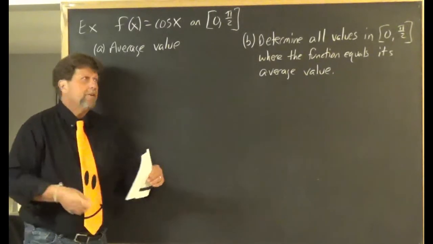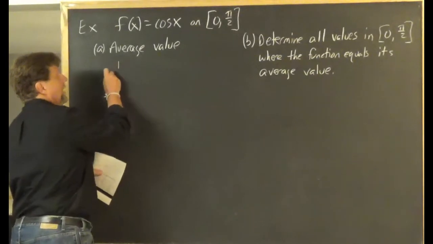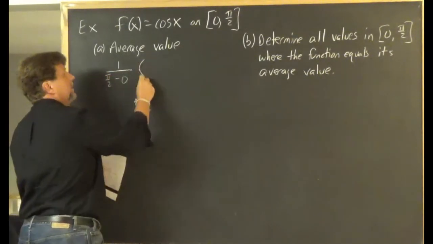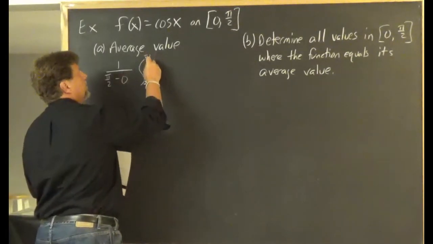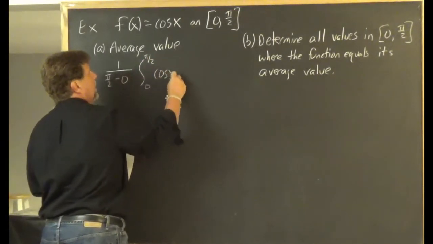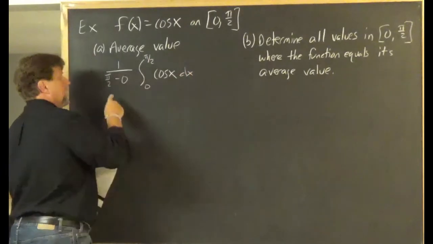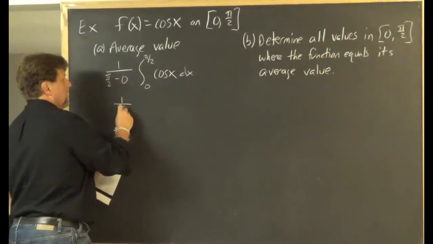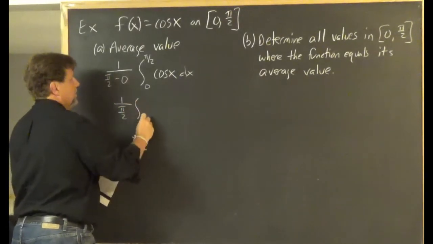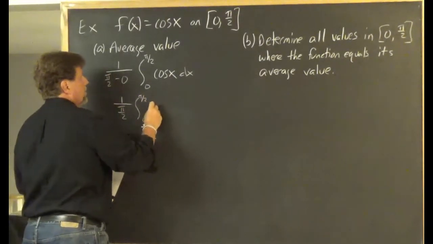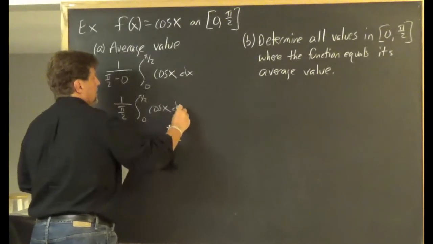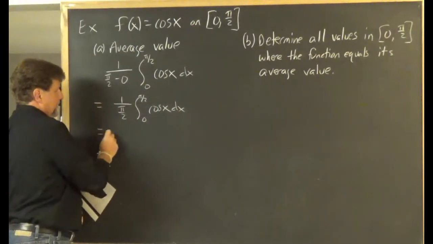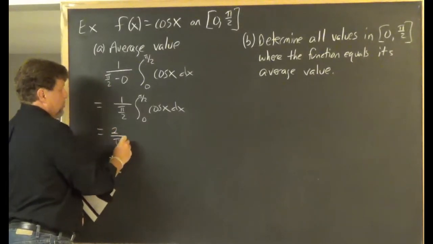So to get the average value, it's 1 over b minus a, integral from a to b, f of x dx. All right, so out front here, we know pi over 2 minus 0 is pi over 2. And I'm going to go one more step. 1 over pi over 2 can simplify to 2 over pi.